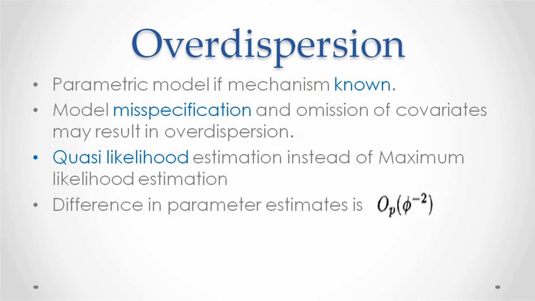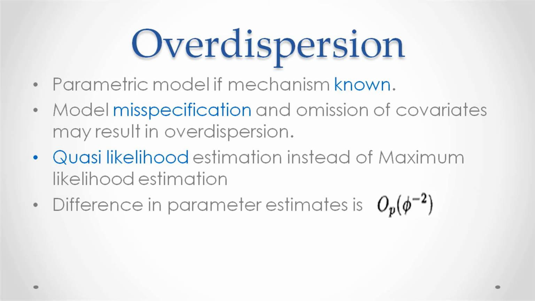Overdispersion can also occur in many other ways. In the two situations where we have looked at overdispersion in the last two slides, we have seen that it is possible to model the mechanism by which overdispersion arises. In the first case, overdispersion arises because we are looking at a random number of counts, and in the second case, overdispersion arises because the rate parameter is not constant but itself has a gamma distribution across the population.